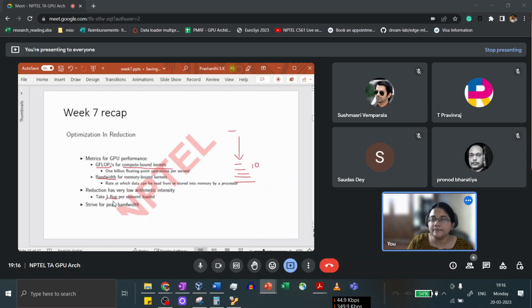Whereas reduction typically has just one flop for an element that is loaded, so we say it has very low arithmetic intensity. Therefore, we have to strive to get the peak bandwidth. Otherwise, it will take even longer to do this load. So think of this pipeline like this: you do a load and then you do a compute.